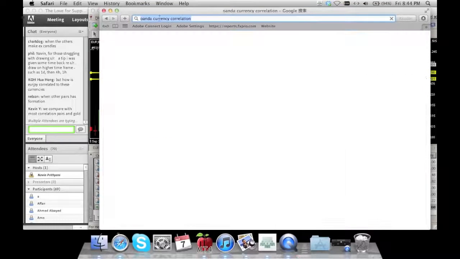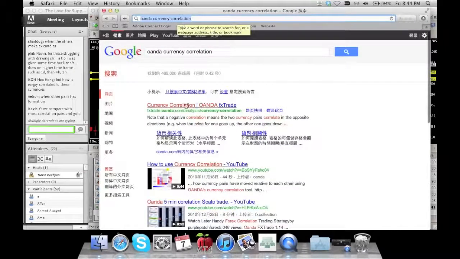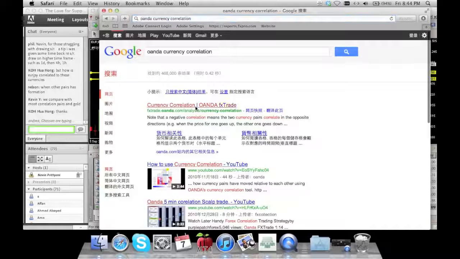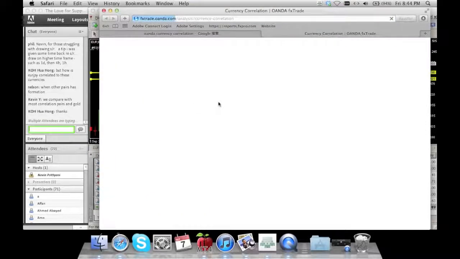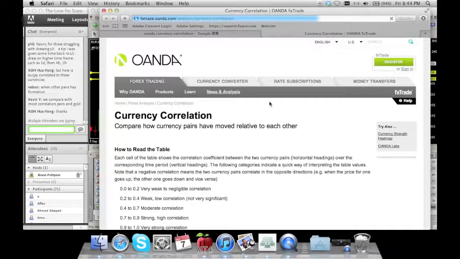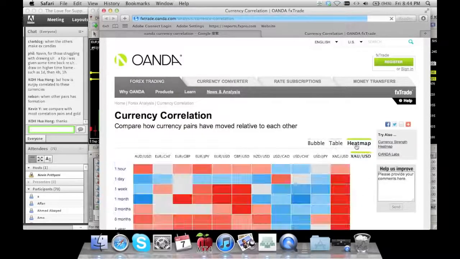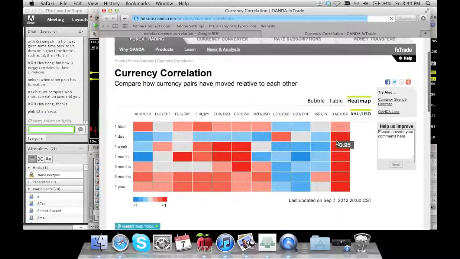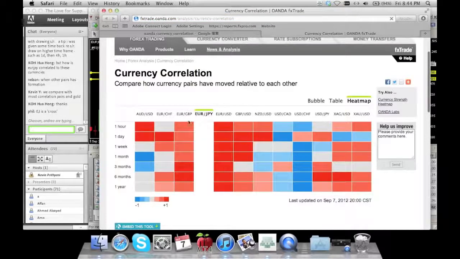When you type Oanda currency correlation on Google, take the first link, this one here, and once you go in, you can click on heat map. When you click on Euro Yen, everything that is in dark red for a long period of time means it's going together.